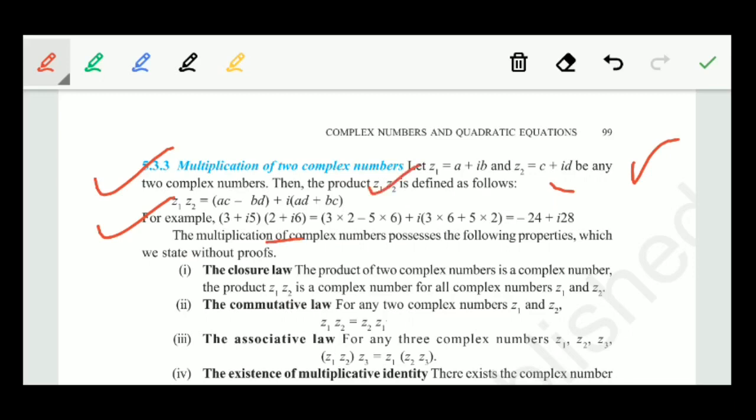When you compare, a equals 3, b equals 5, c equals 2, and d equals 6. When you open the brackets of the first term and multiply with each term of the second, you will get this result. After simplification you separate your real part and imaginary part, and here we get this result.